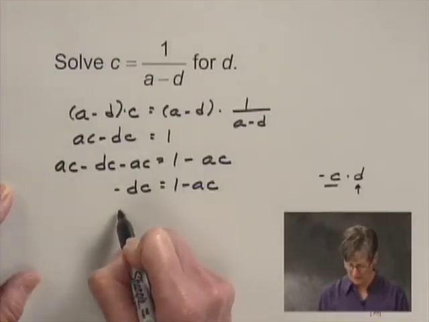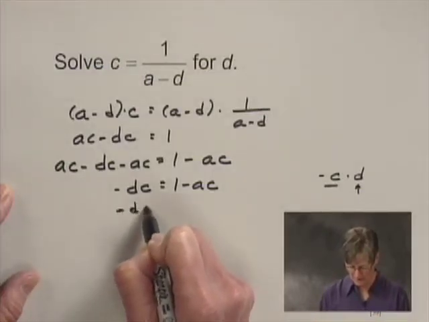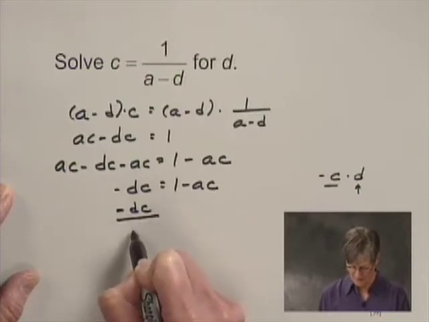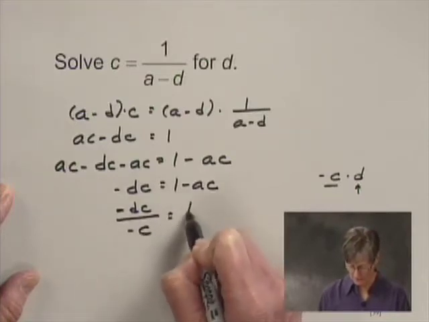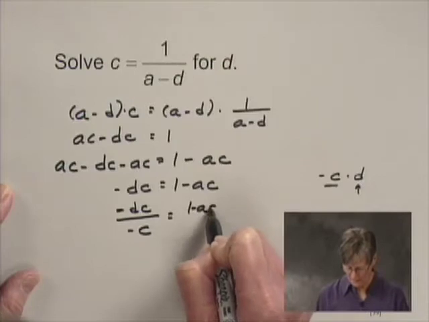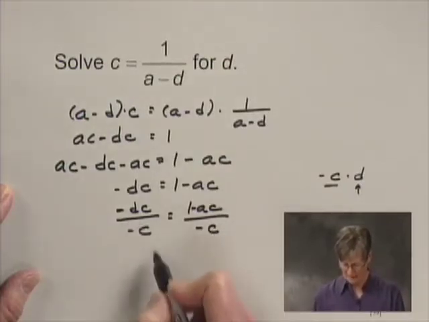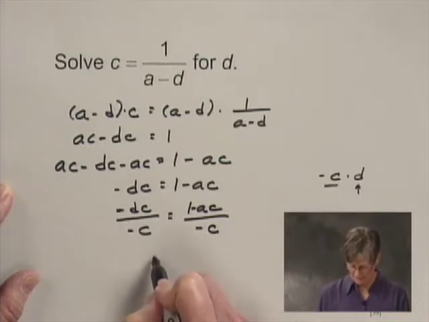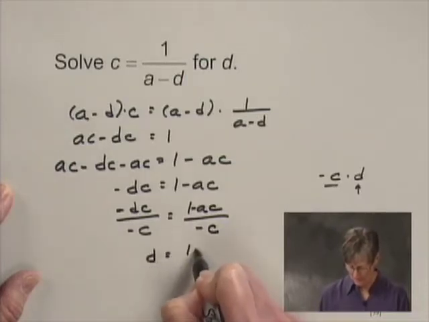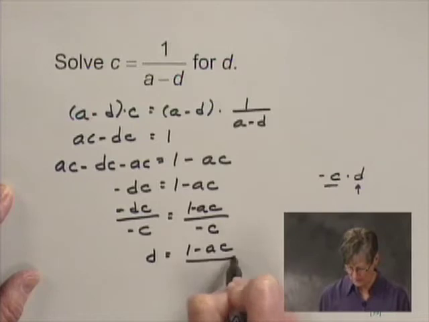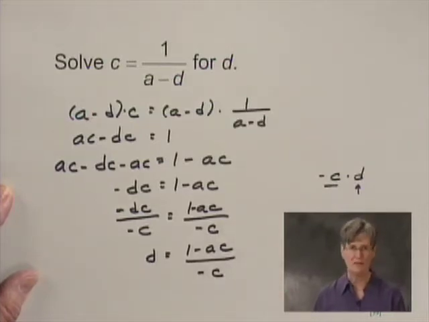So let's do that. We have the opposite of d times c divided by the opposite of c is equal to 1 minus ac divided by the opposite of c. And I can simplify on the left-hand side. I just have d, and that is equal to 1 minus ac over the opposite of c.